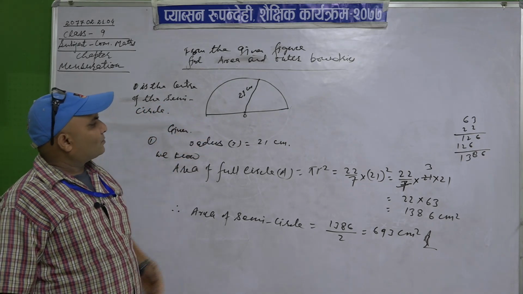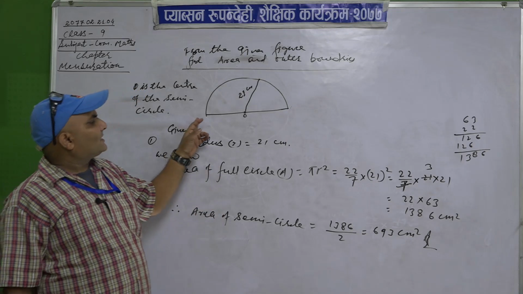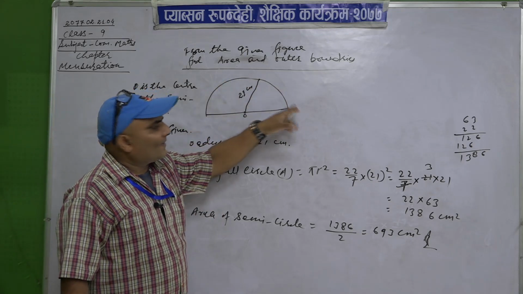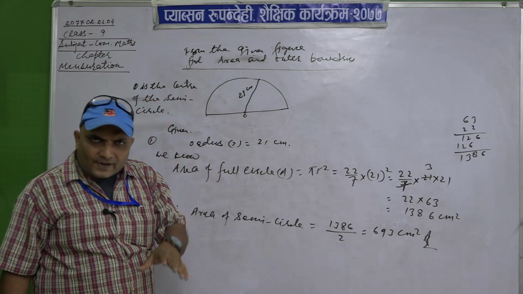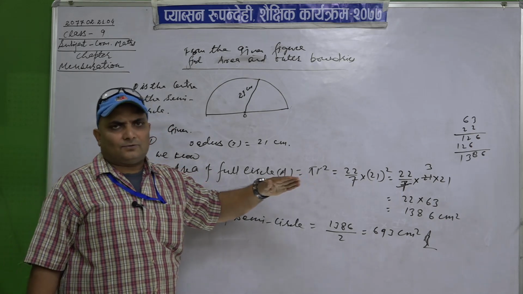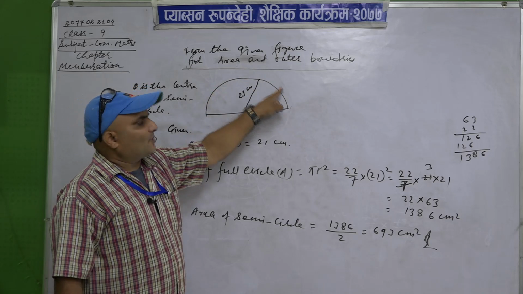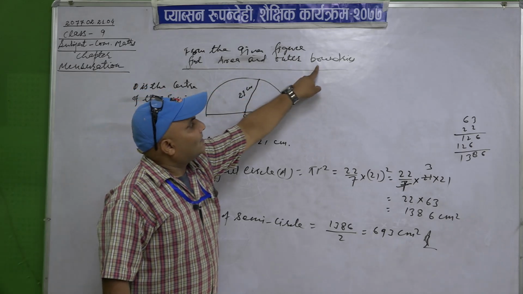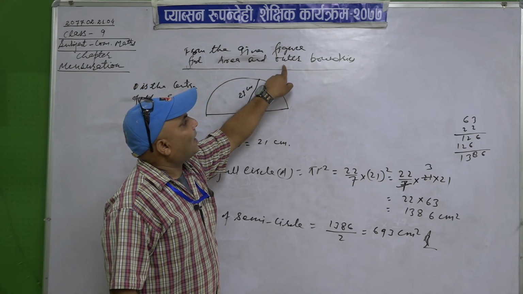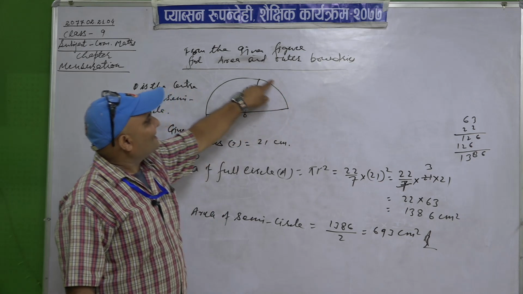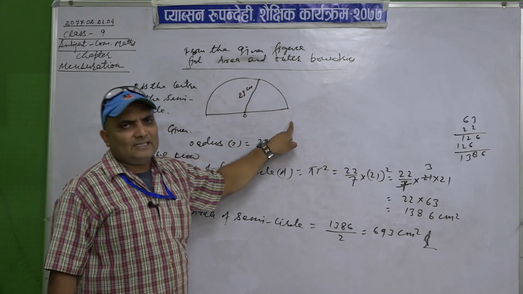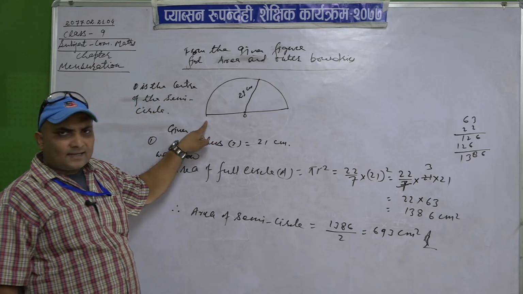So, many students find the circumference of the circle and divide by 2. It will be only the result of this part. We have to find out the outer boundaries. Outer boundary means this part plus this part. What is this part?